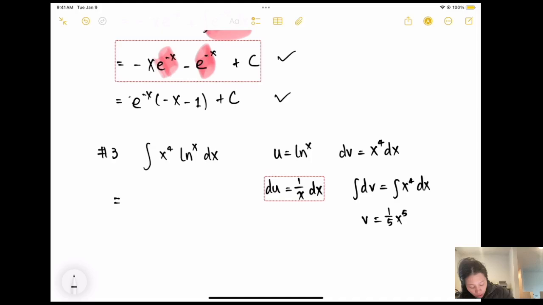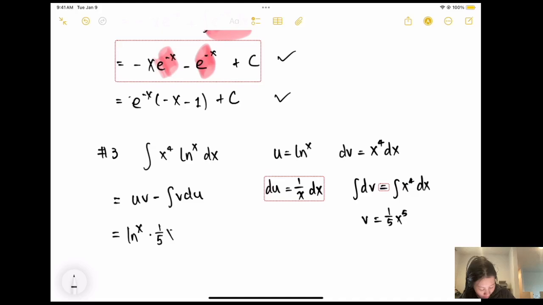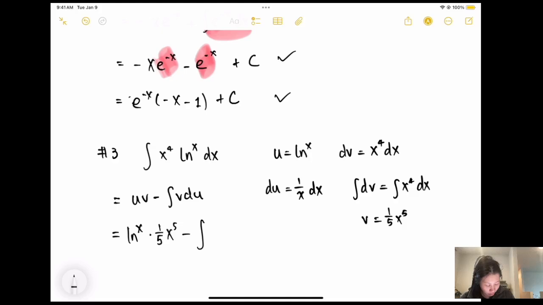Okay, now we want to substitute into the formula. So u is ln of x, v is 1/5 x to the 5th power, and then we integrate v, which is 1/5 x to the 5th power times 1 over x dx.